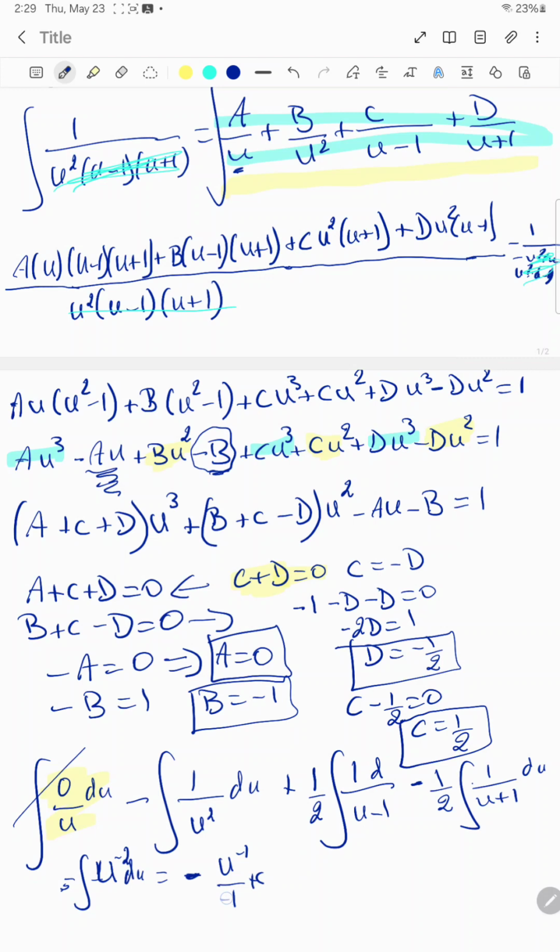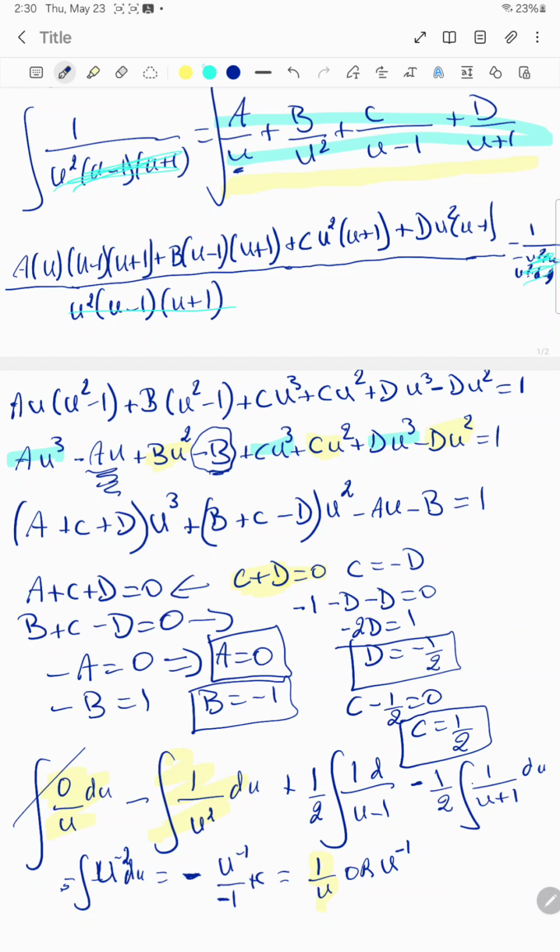So minus times minus is equal to plus, so it becomes 1 over u. I did not mean to delete it. I meant to take this. That integral here is equal to 1 over u, or u to the power of minus 1, plus c.